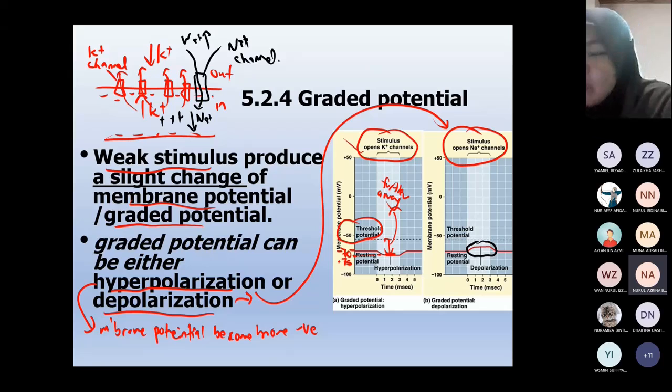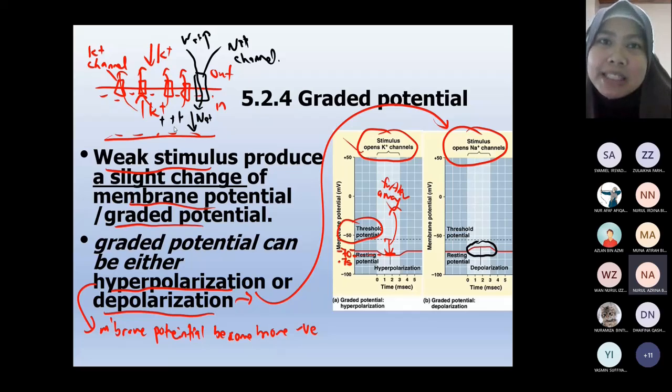You can see it is not really far from the threshold. So this is what we call depolarization. Since it is a very weak stimulus, depolarization does happen, but the strength of the stimulus is not strong enough to depolarize the membrane to reach the threshold. The stimulus is there but not strong enough, not reaching the threshold.